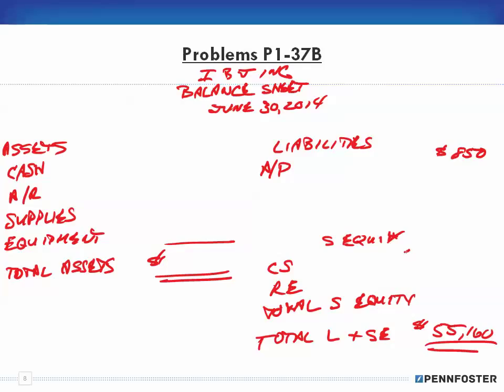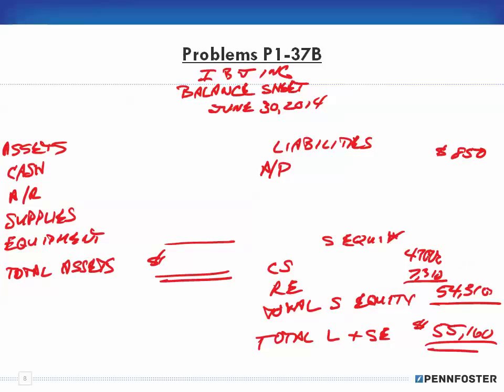I would have put my 47,000 here in the left-hand column and the $7,310 here, okay? Drew my underline and then put that 54,310 here, okay? And I have my underline here.